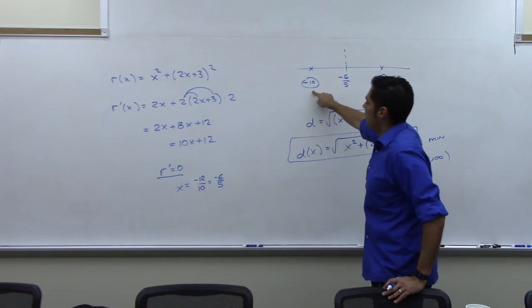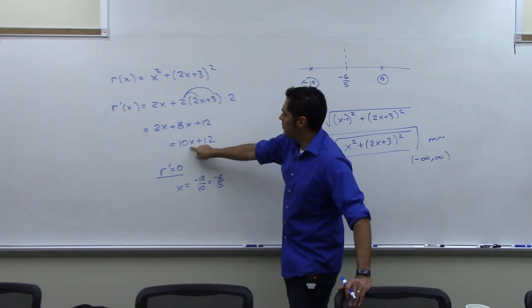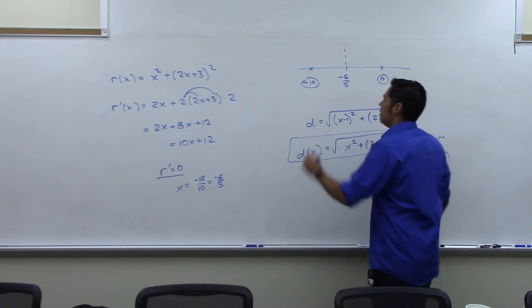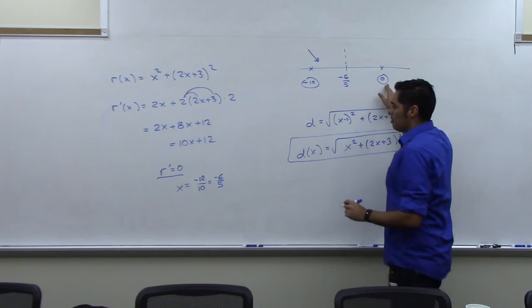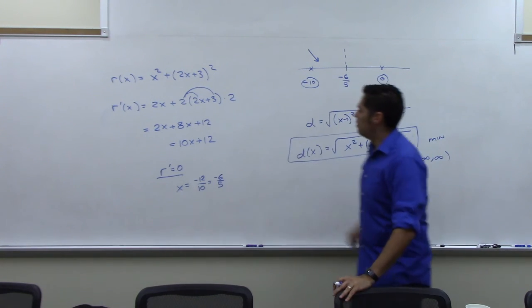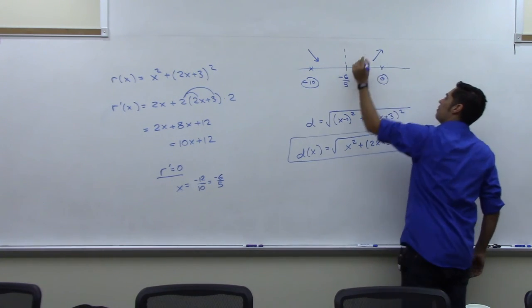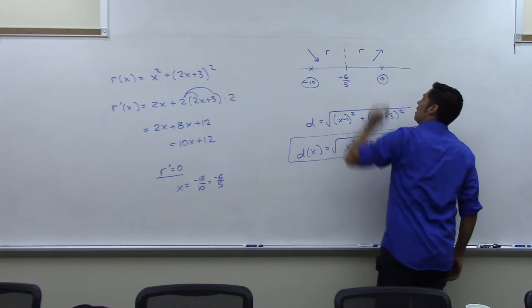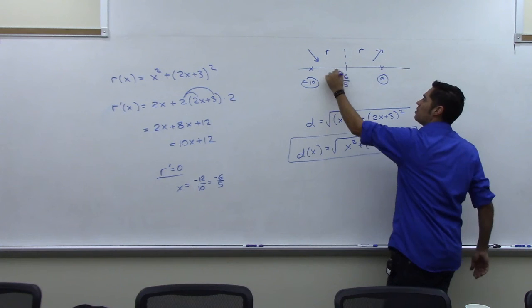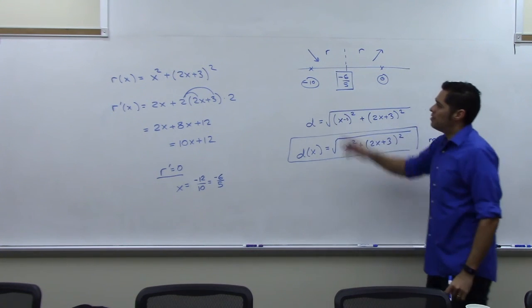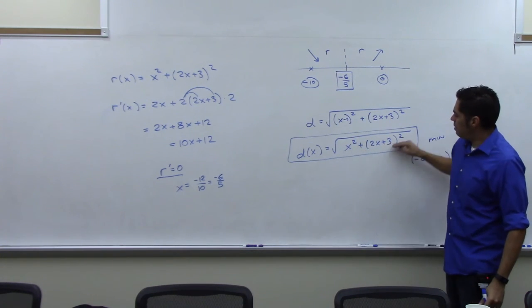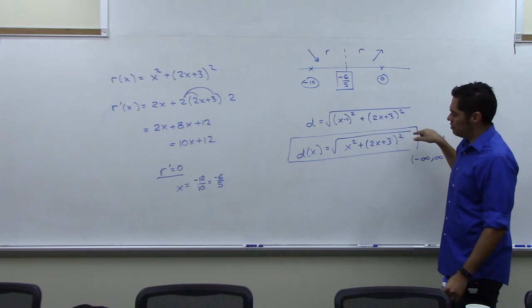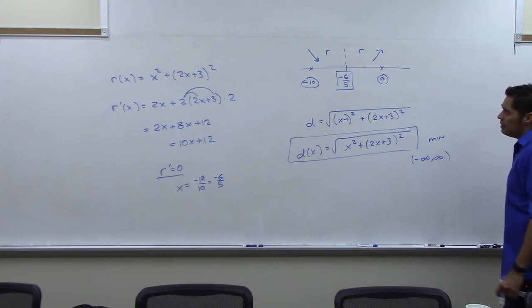If I plug in negative 10, obviously negative 10 times that plus that is negative. And if I plug in 0, I get a positive 12, so it goes up. So my r function goes down then up, and that means this is where I have the smallest r. And wherever you have the smallest r, the inside of this is small, and that means the square root is going to be the smallest.